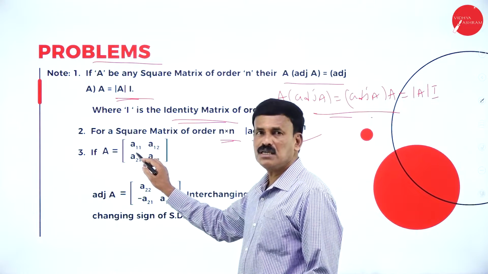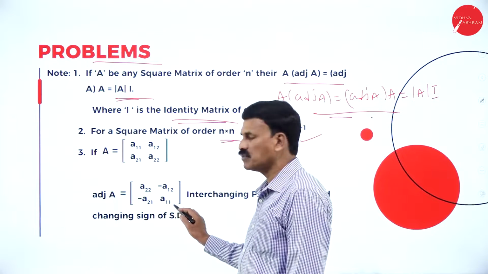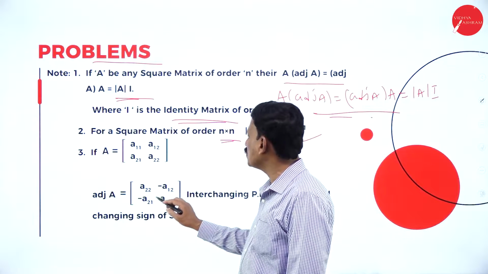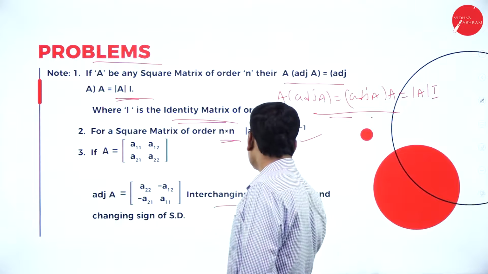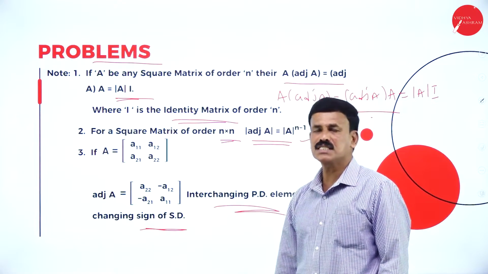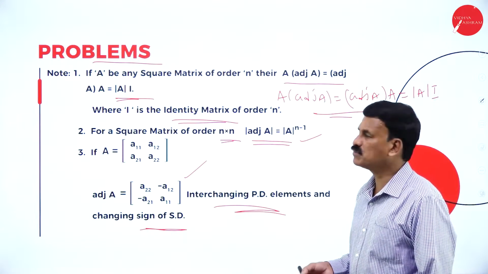Interchanging the principal diagonal elements, A11 and A22 become A22 and A11, and changing the signs of the secondary diagonal elements, that is minus A12 and minus A21. This will give the adjoint by the direct method.